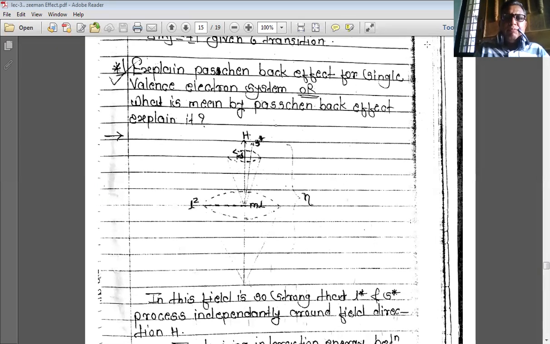See this figure. In this figure, capital H, and the second is L star, S star, and ML. And there is LS coupling in the form of the Paschen-Back effect.